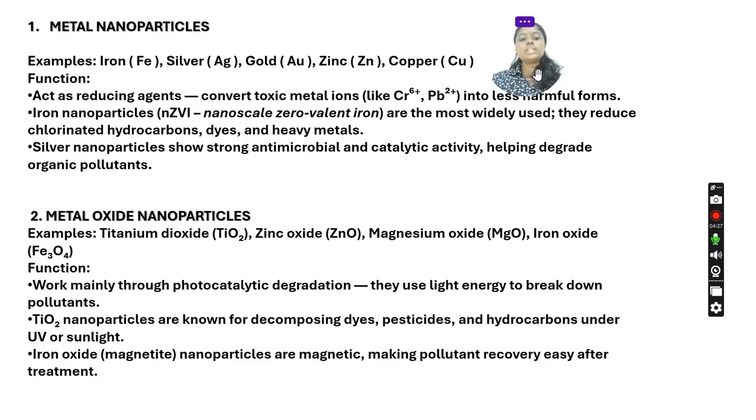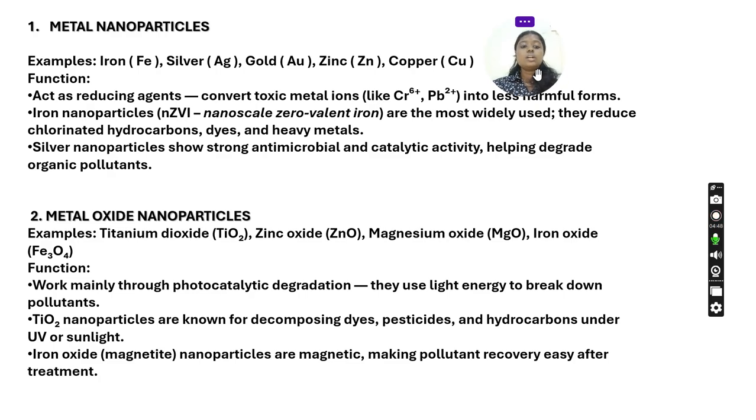So the next one is metal oxide nanoparticles. Titanium dioxide, zinc oxide, magnesium oxide and iron oxide are the main examples of metal oxide particles. So their main function is to work mainly through photocatalytic degradation, where they use light energy to break down the pollutants.